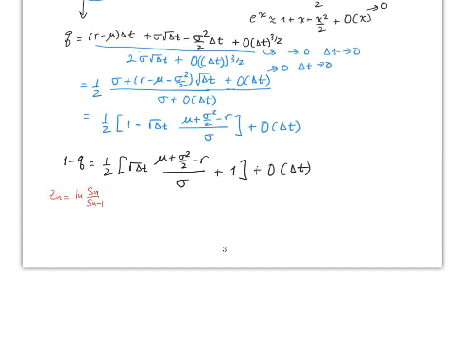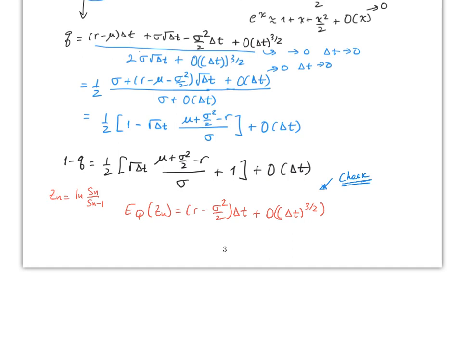So therefore, if we find the expected value, but now with respect to the new probability, or the risk-free probability, the expected value of this is going to be r minus sigma squared over 2 times delta t plus the error, delta t to the 3/2. And this is a very important result, so you should check that this is true. This is a very good question to have on the test or the homework, but particularly for the next test.